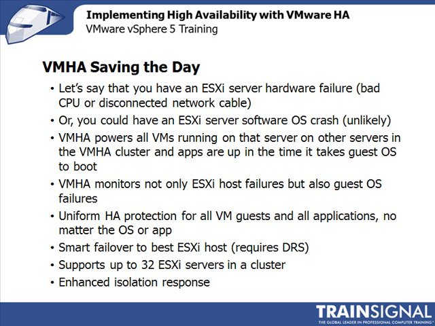Now you can also do smart failovers to the best ESXi host. That requires DRS, Distributed Resource Scheduler, and that plays in a number of ways, right? So you can configure something called initial placement, and I'm sure David's going to cover this in the DRS lesson. With initial placement, as soon as the VM is powered on, it's going to be placed on the most suitable ESXi host based on the available resources of the ESXi hosts in the cluster.